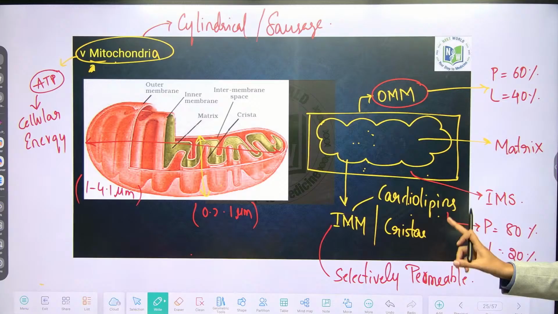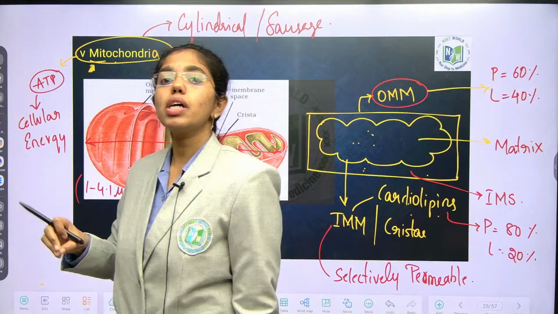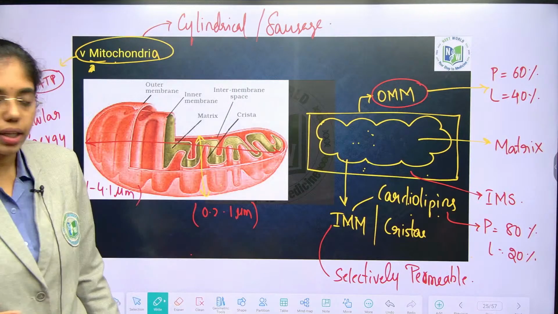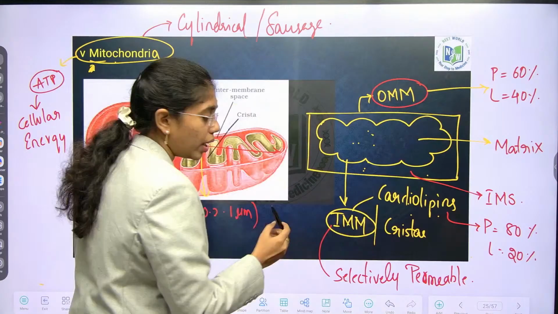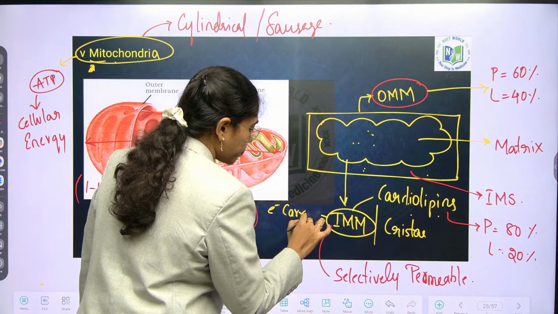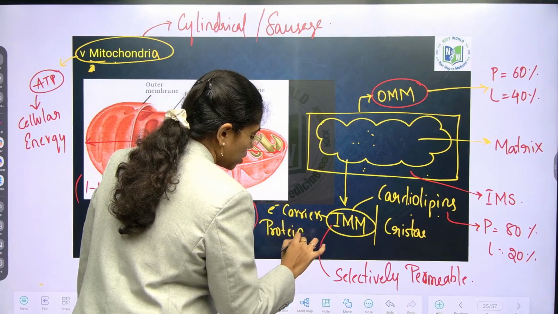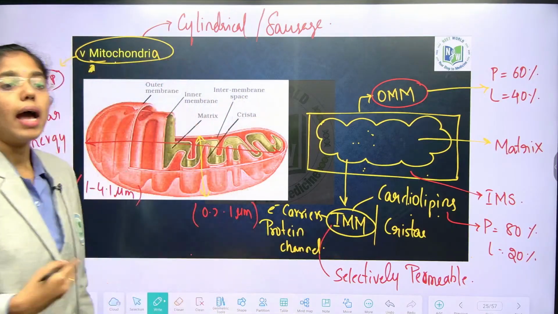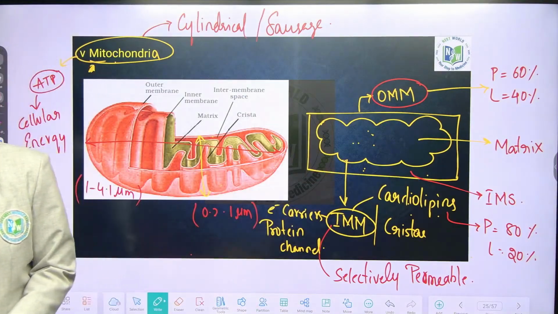All the protein channels and electron carriers required for the synthesis of energy or mitochondrial activity are present in the inner mitochondrial membrane only.